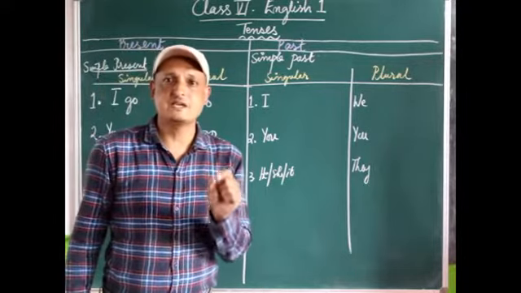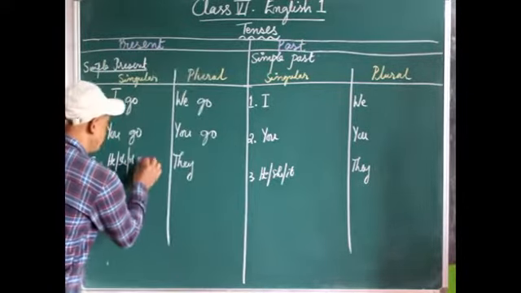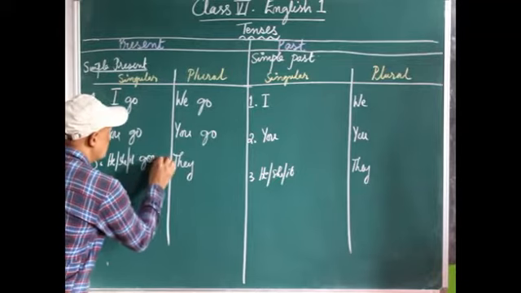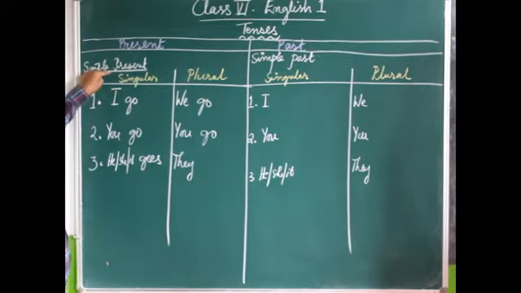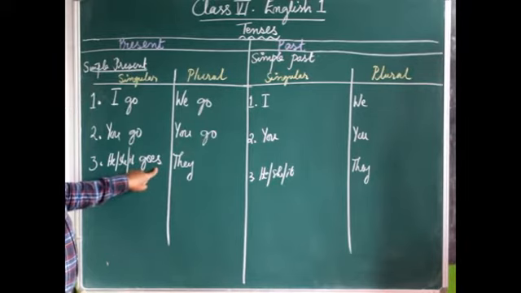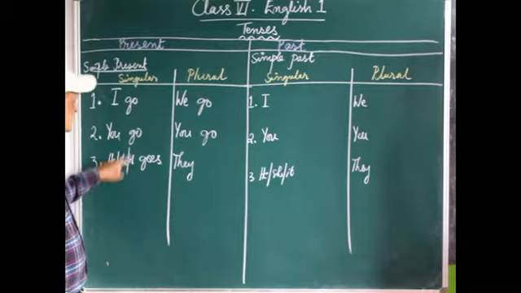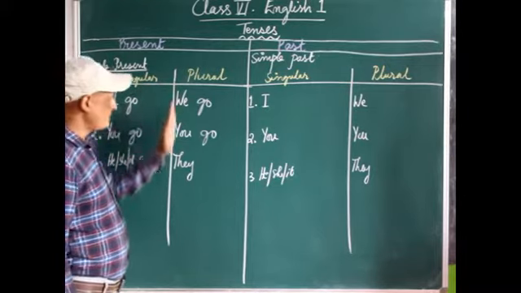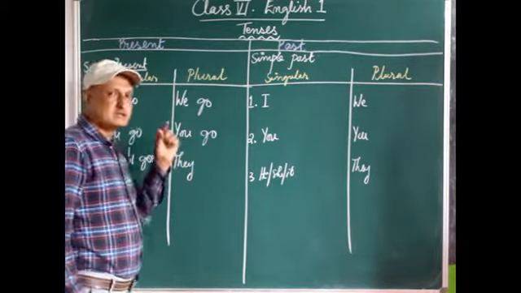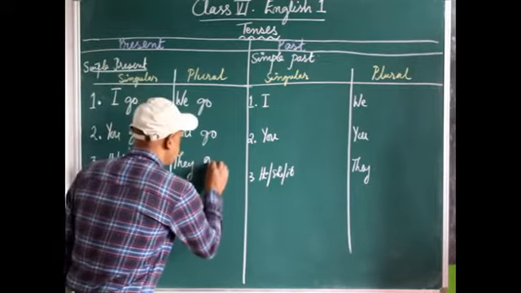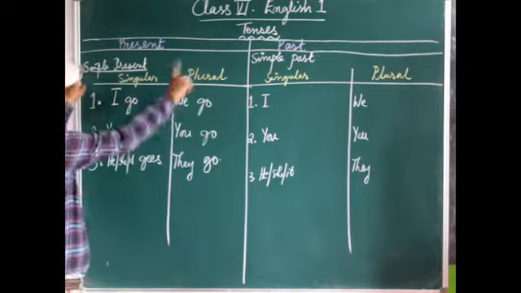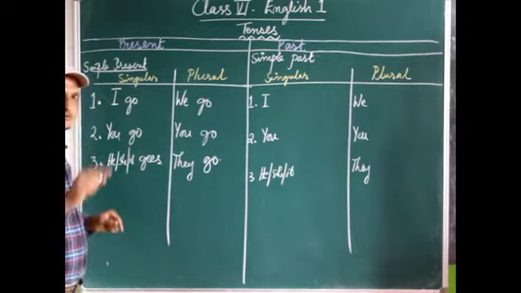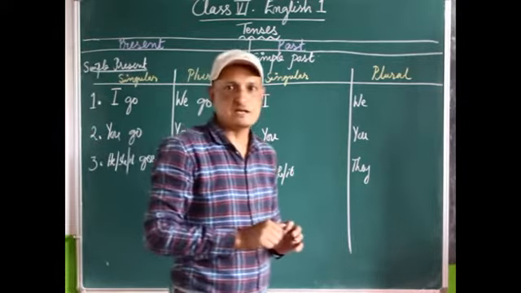The verb takes S. That is, in the simple present, third person singular, the verb takes S. That is for he, she, it. But for they, in the plural, the verb remains the same. That is, go. This was in the simple present, which we learned in the previous classes.